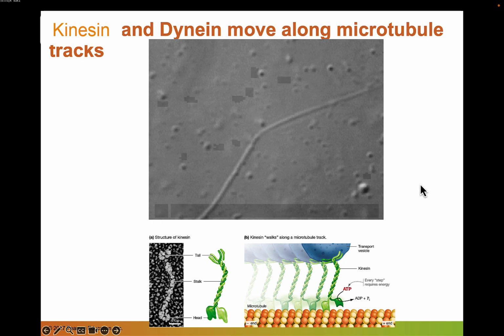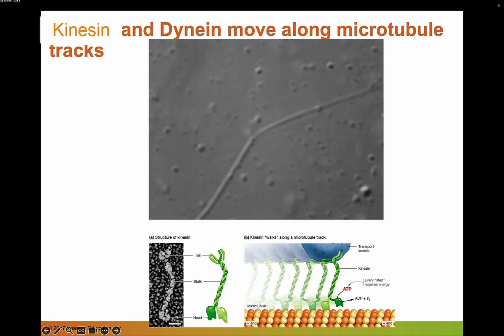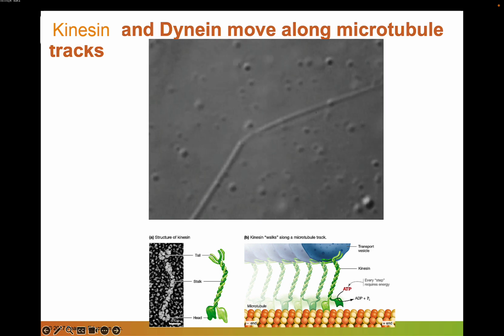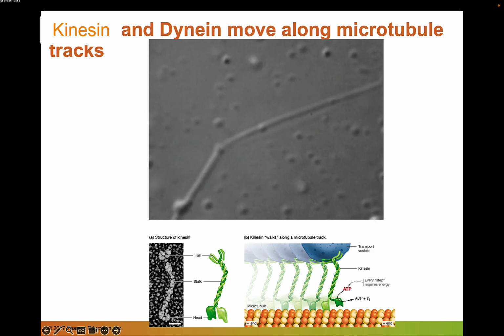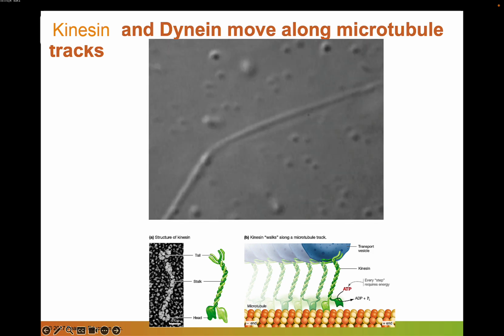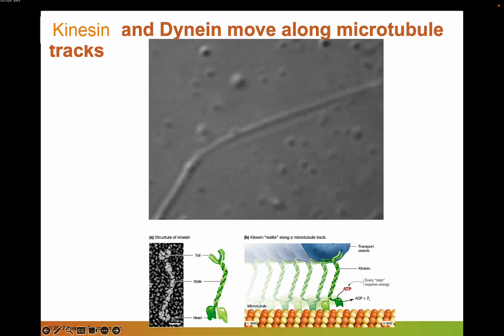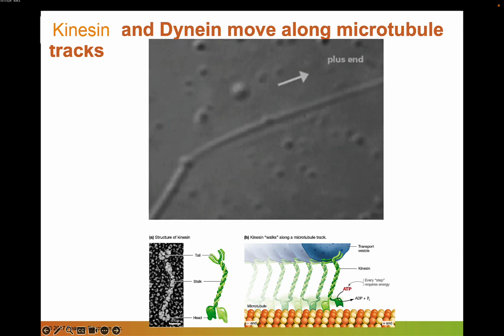In this experiment, a cell homogenate containing many different organelles is added to microtubules. Motor proteins are normally attached to the organelles. When ATP is added as a fuel for the motor proteins, some organelles bind microtubules and are moved along the tracks by their motors. Most kinesin motors move towards the plus end of microtubules.